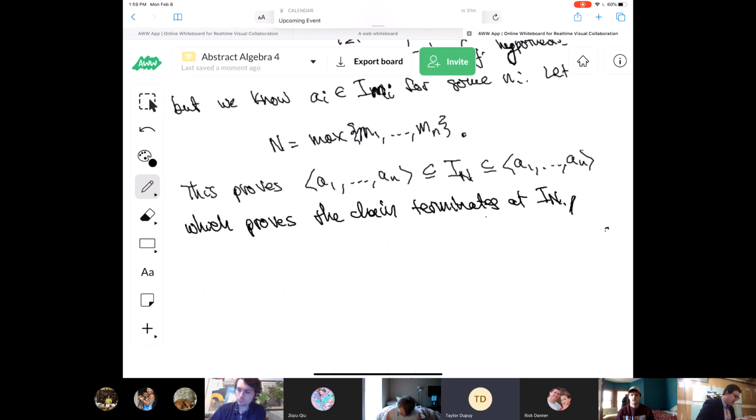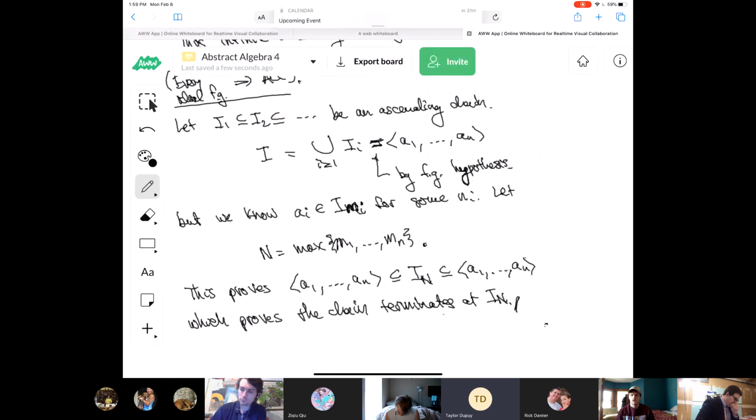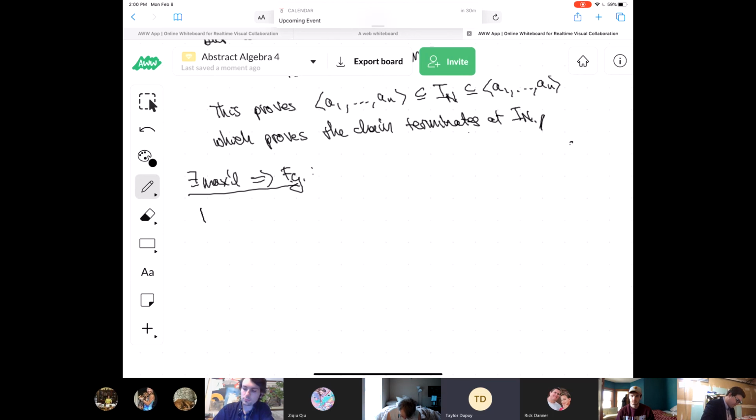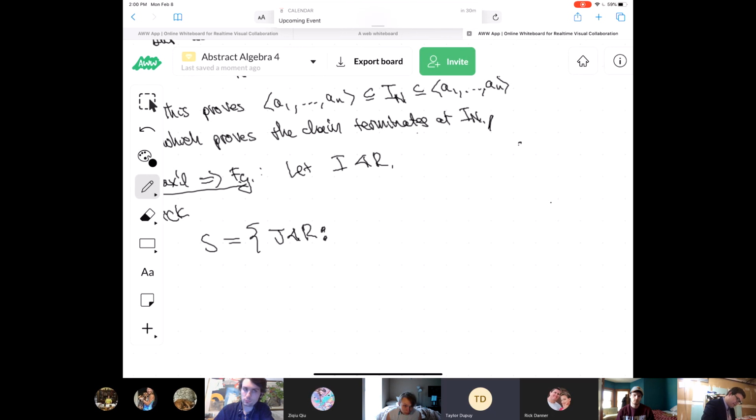Okay, so for the last part we need to show that existence of maximals implies finite generation. So I won't do this completely. The trick is to let I be an ideal, and we need to show it's finitely generated.